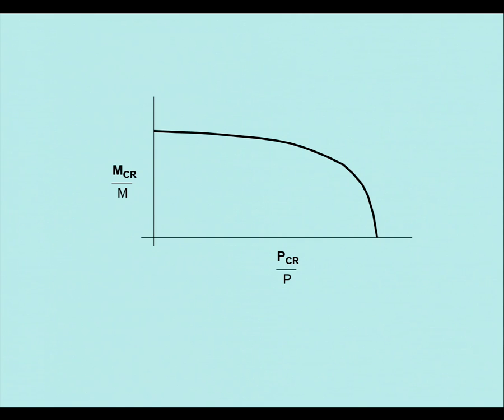If I've got no pressure, pressure 0, then I can take M up to equal MCR to get a figure of 1, and that'll be there without a safety factor. It won't fail.